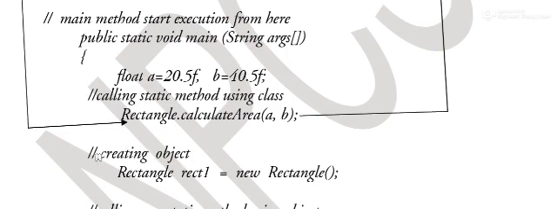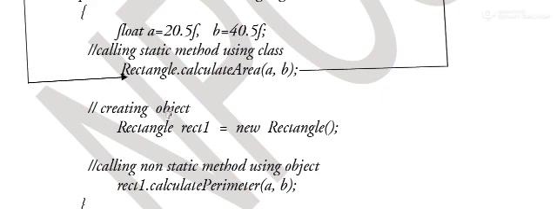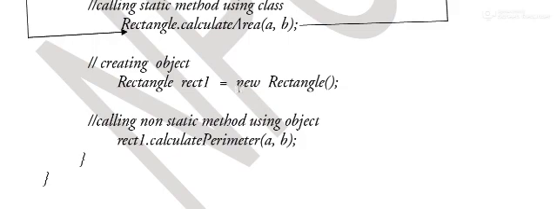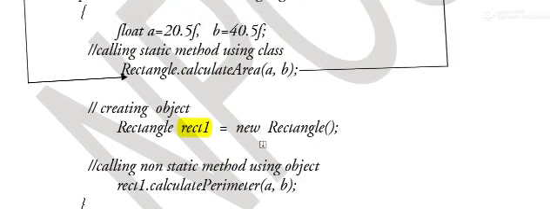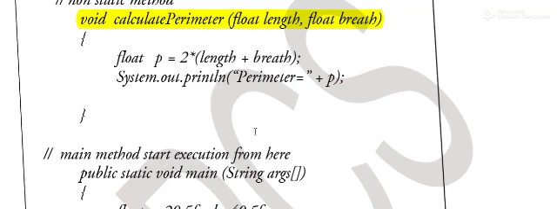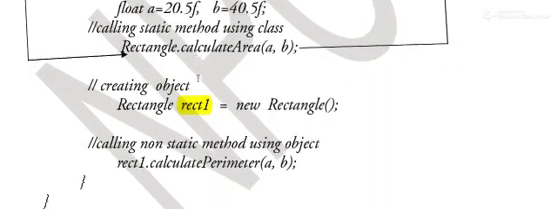For the second method, we have to create an object. Rectangle is the class name, rect1 is an object: Rectangle rect1 equals new Rectangle. Now to call the non-static method, we use the object name rect1, rect1.calculatePerimeter. In the same way, the values of a and b are sent to the method calculatePerimeter and received by length and breadth, and after calculating the perimeter, display the result and then return back to the main method.